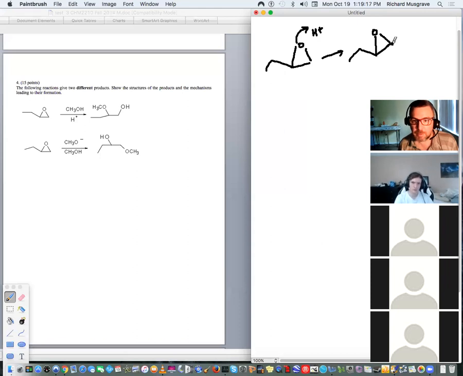H+ always seems to like to attach to oxygens and form this kind of thing with the H attached to the O with the plus on it. And then what will happen is that the bond will break specifically on the left side.